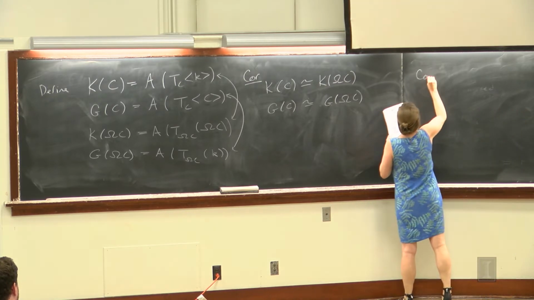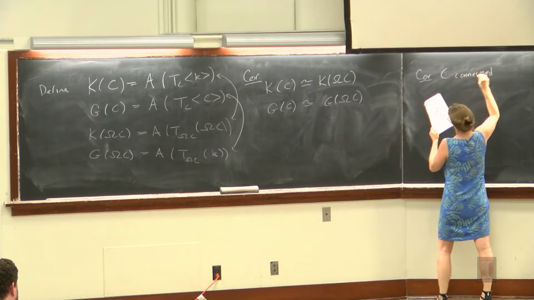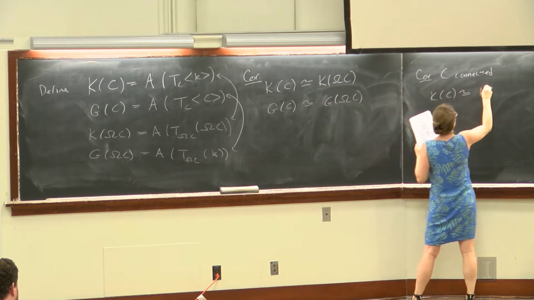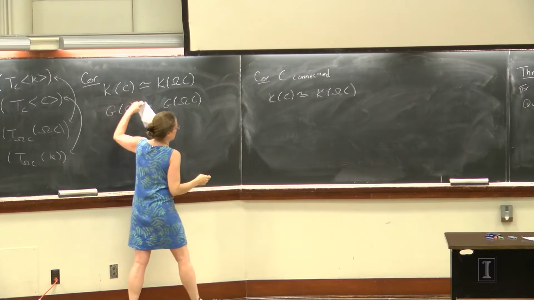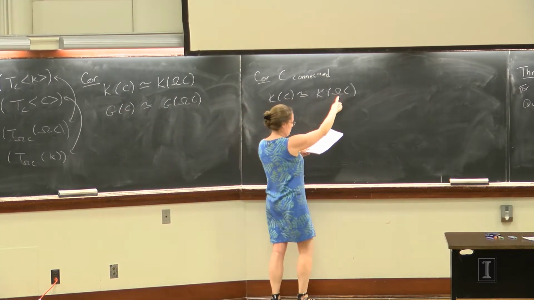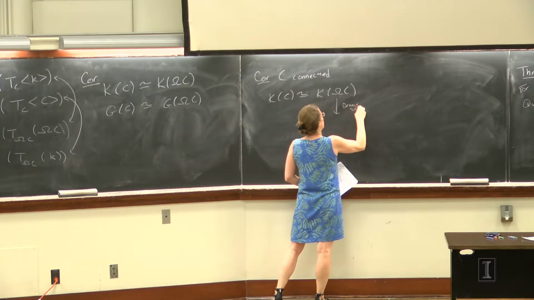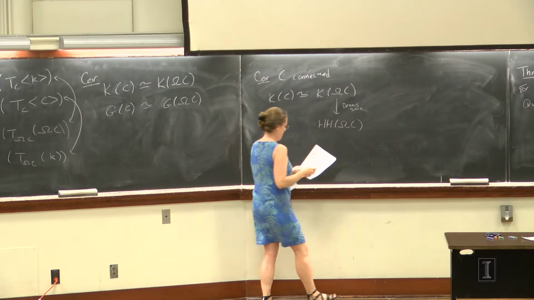So for C connected, we use this equivalence from the K theory of the coalgebra. We move to a K theory of an algebra, take the Dennis trace to the Hochschild homology of that algebra.